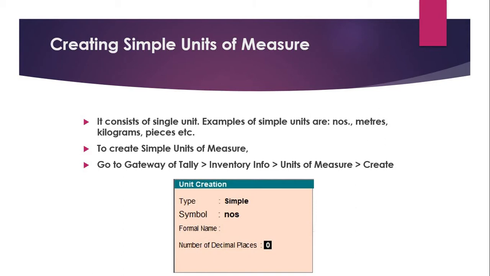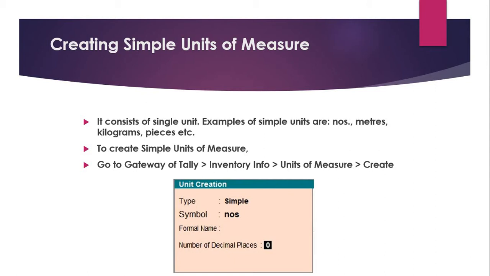Symbol is the symbol used for unit of measure. Formal name is the detailed name of the unit. For example, formal name for NOS will be numbers. Number of decimal places is used for the stock items which are maintained in fractions.